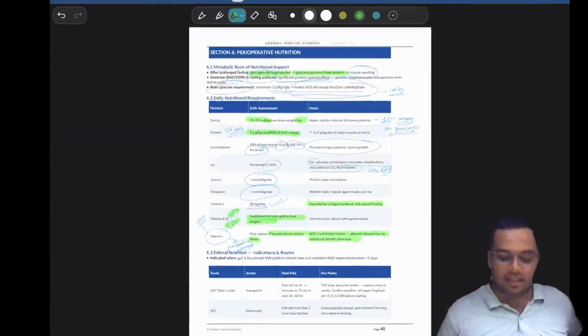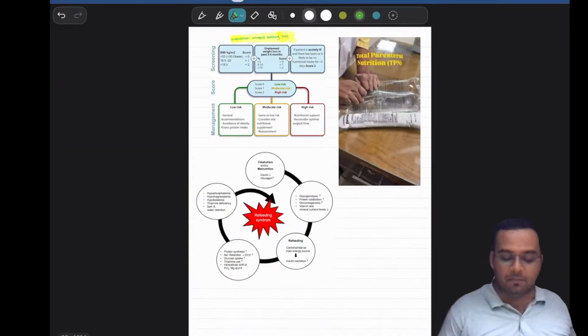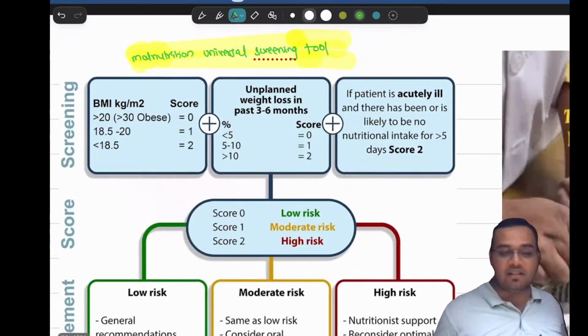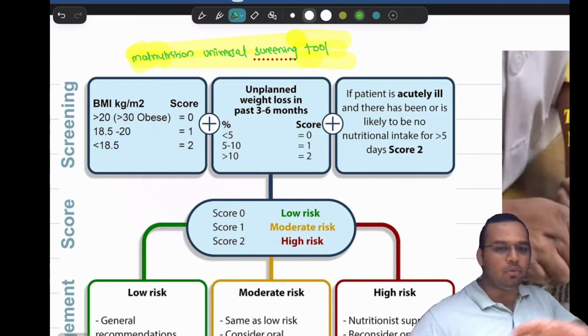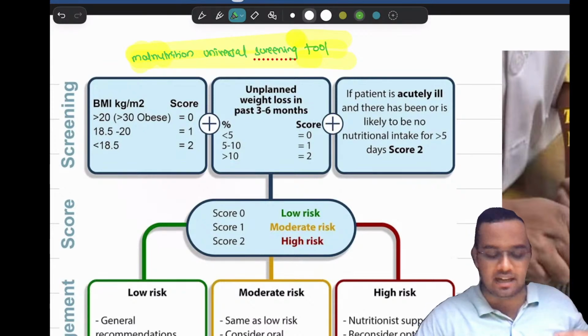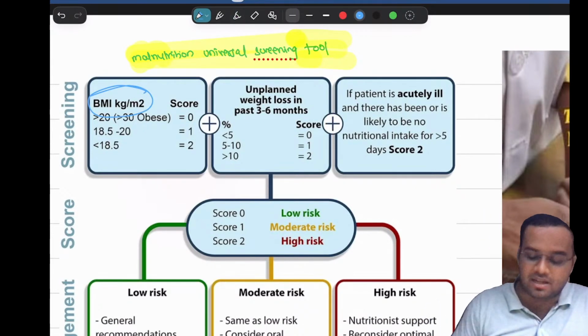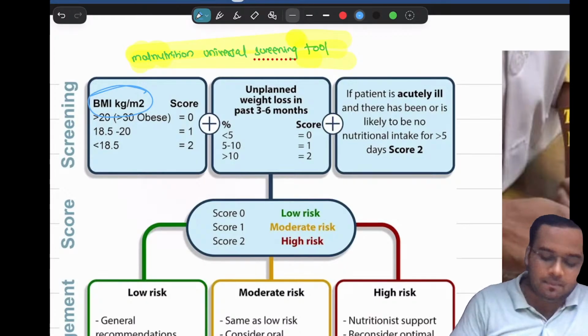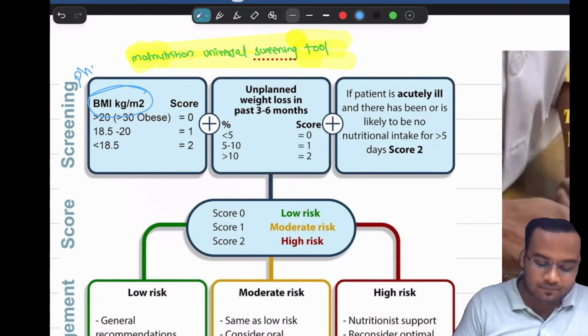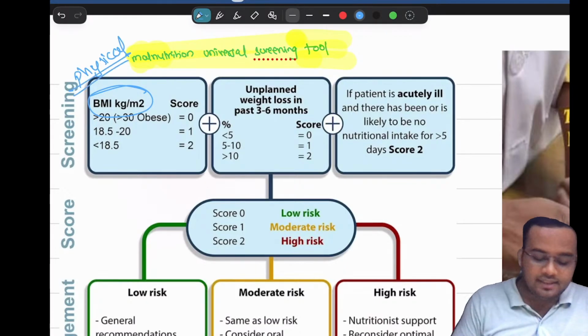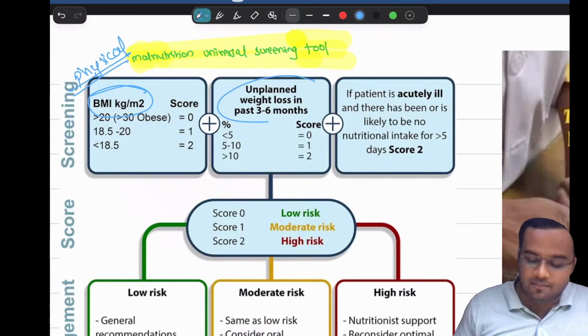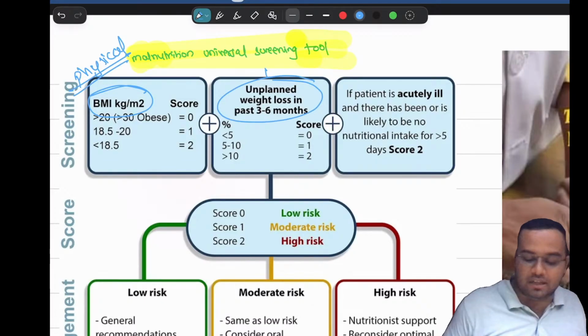So let's come down to a tool which was developed previously to assess the patient's nutrition status. There are many tools, but this one is given in Bailey and Love. So 3 components are to be checked. One is the BMI of the patient. So one checks the physical parameter of the patient, that is BMI. The second important thing is the clinical parameter, which is weight loss.